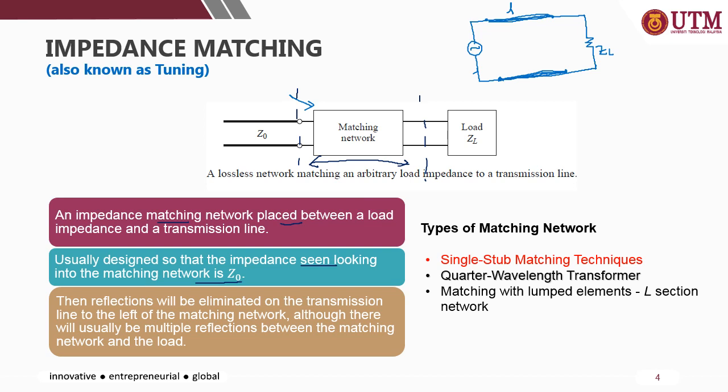So it is assumed that the load impedance will be matched to Z0. When we introduce the matching network, the reflections on the left of the matching network will be eliminated, although there could be multiple reflections after the matching network to the load. However, the effect will be minimal compared to the losses within the transmission line itself.